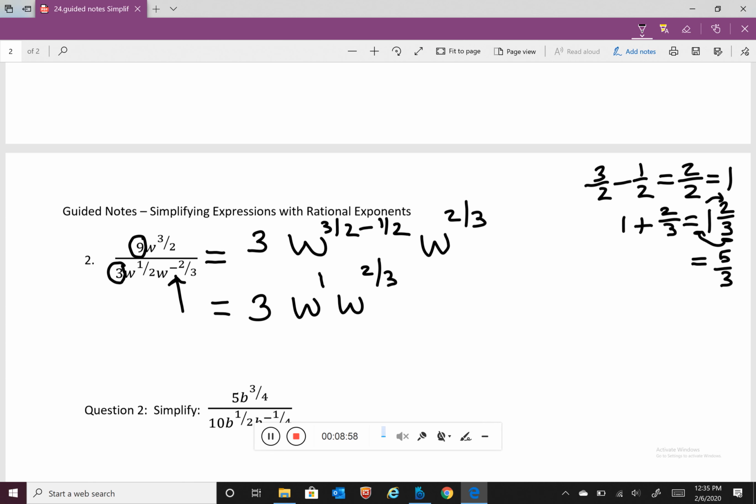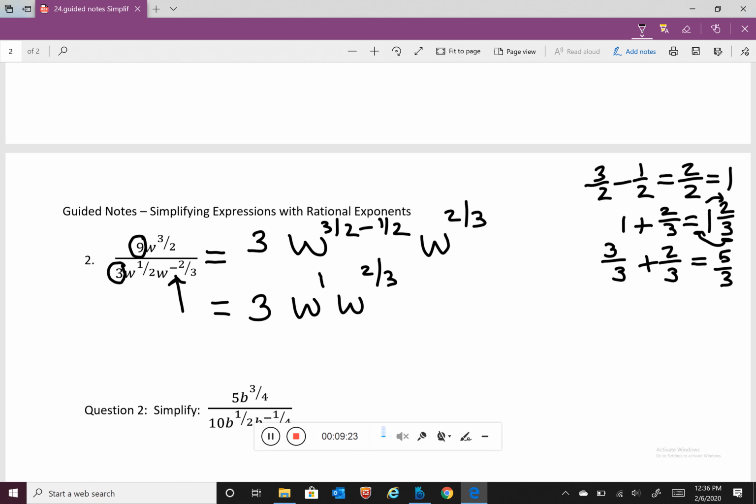Now 1 is a fraction. It is 1 over 1. But I need a denominator of 3 so I can actually add with the 2/3. So 1 rewritten with the denominator of 3. Ask yourself this question. What divided by 3 is equivalent to 1? And the answer to that is 3.